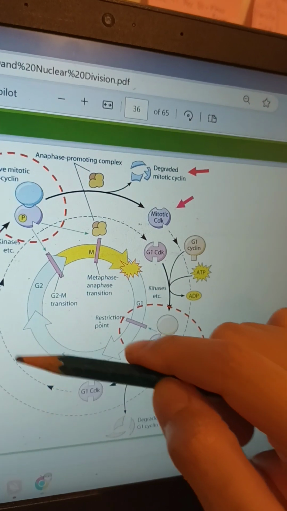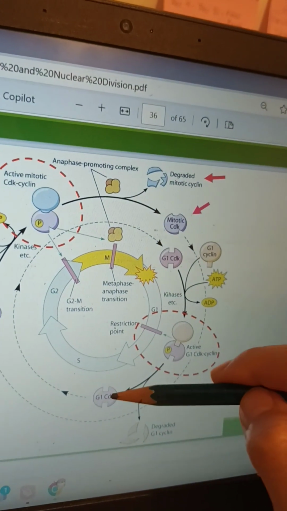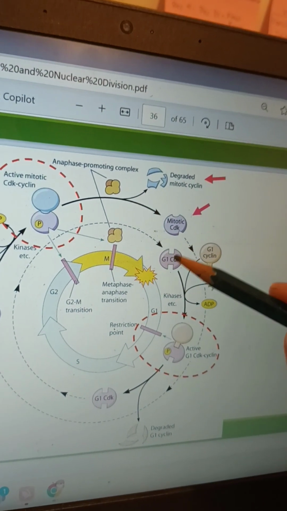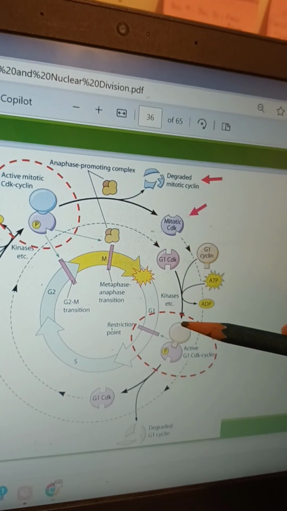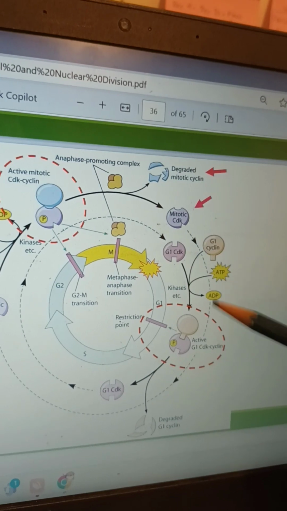Then throughout S phase, G2 phase, and mitosis phase, this CDK is inactive, and only when it reaches G1 phase again does it bind with cyclin and become active. Got it? Great.